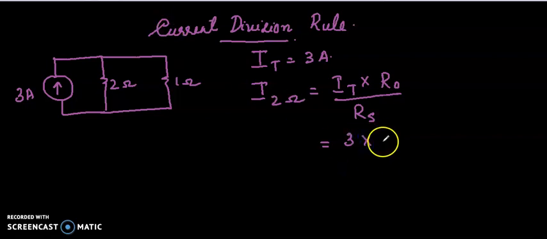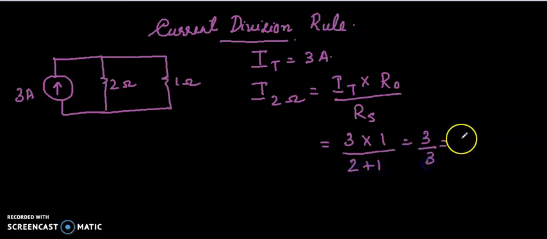and the resistance of the other branch is 1 ohm, divided by the sum of the resistances, that is 2 plus 1. 2 plus 1 is 3, so 3 by 3, which is equal to 1 ampere, is the current through the 2 ohm resistor. Likewise, we can find the current across the 1 ohm resistor.